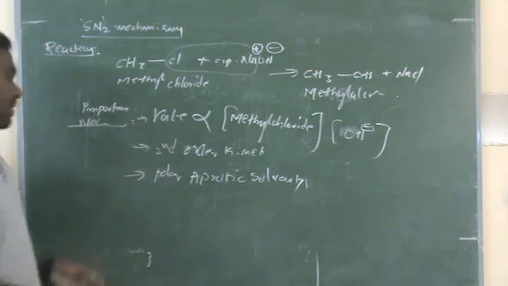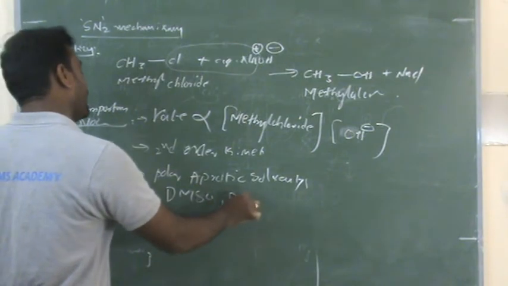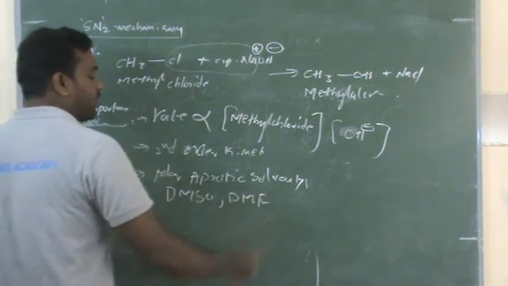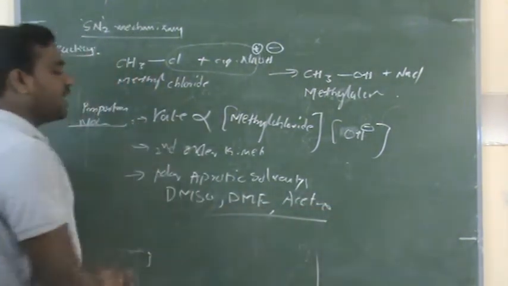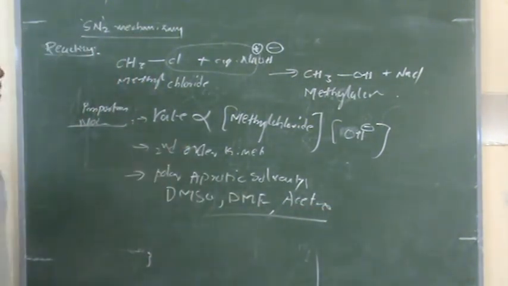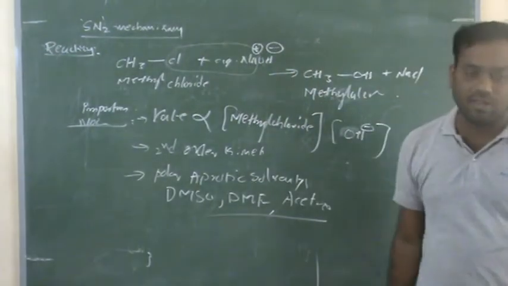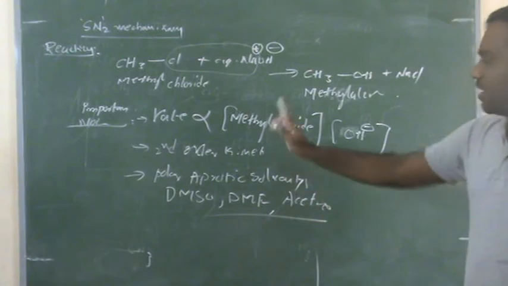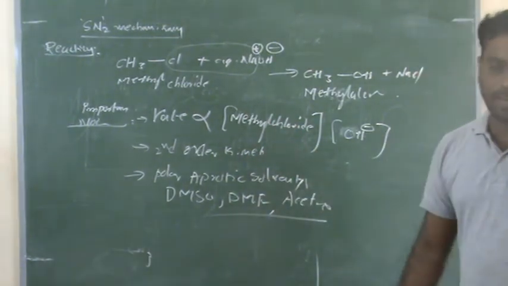I said already, DMSO, DMF and acetone. These are the polar aprotic solvents. In this SN2 mechanism, it involves polar aprotic solvents, and it is second order kinetics, and the rate of the reaction depends upon that. So this is the one.